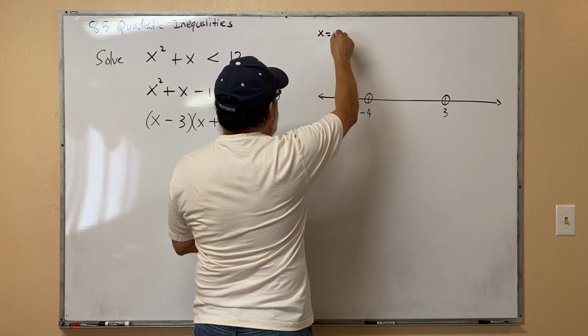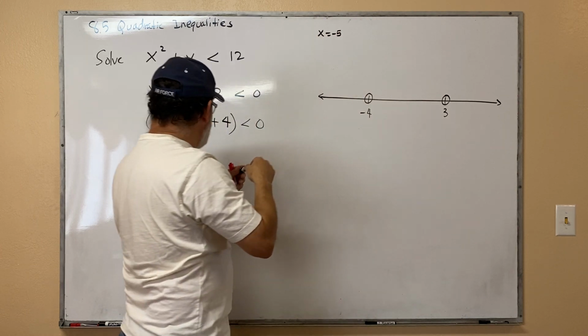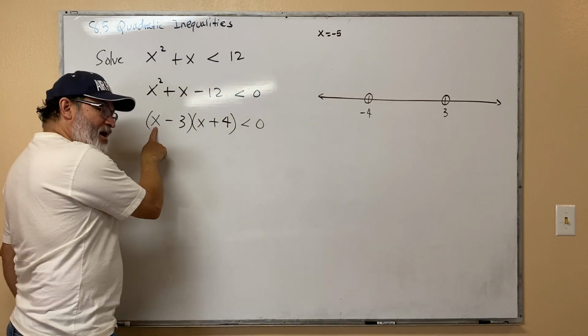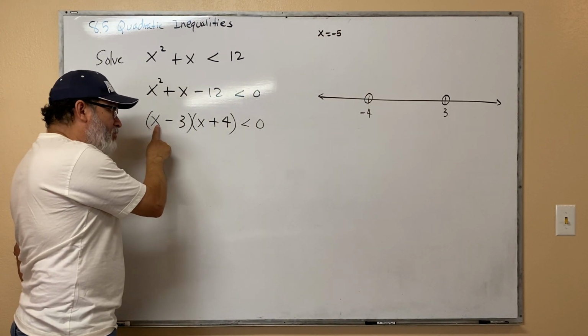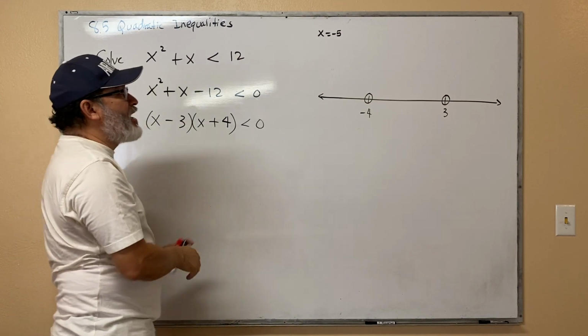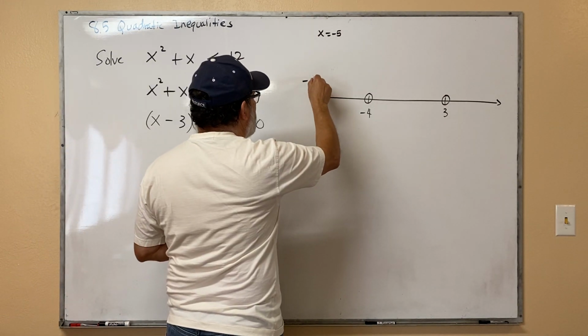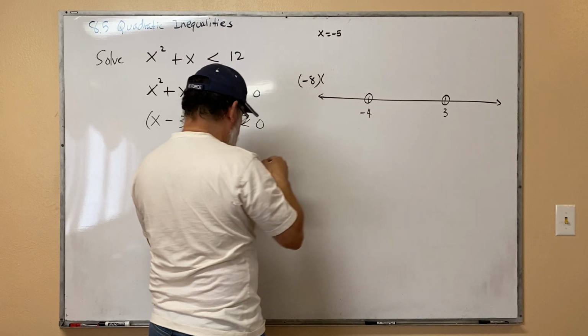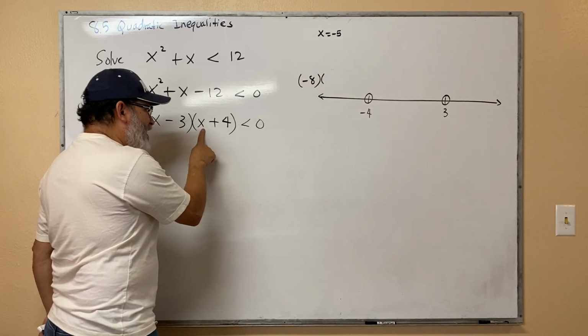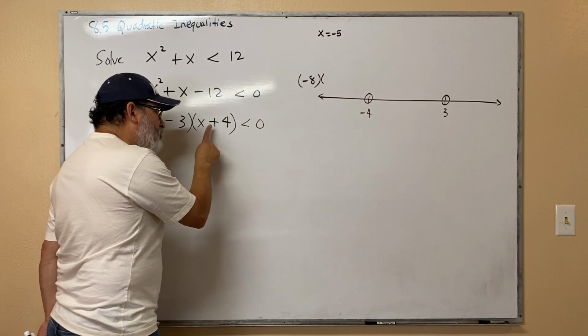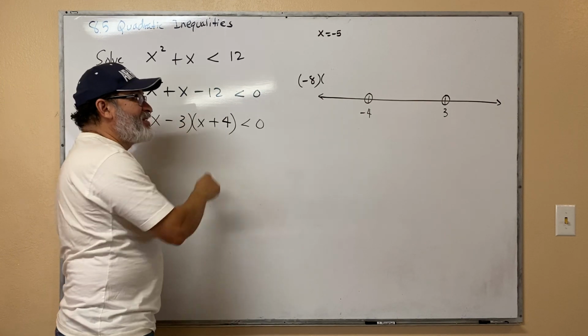X equals -5. Plug it in. What's -5 minus 3? -8. What's -8 plus 4? -4.